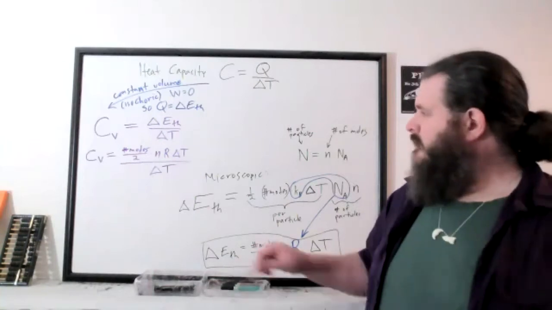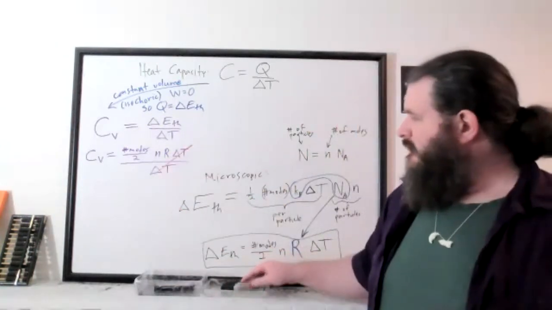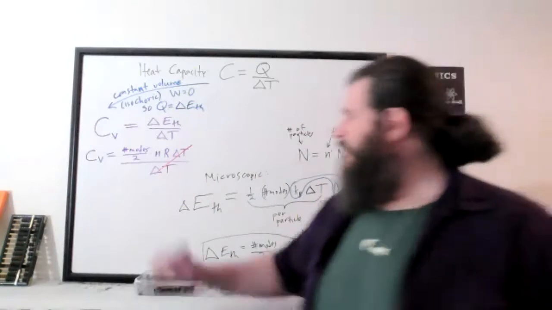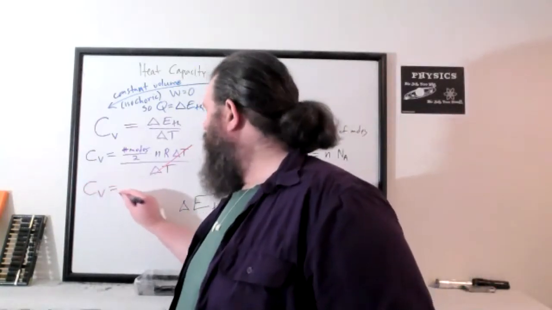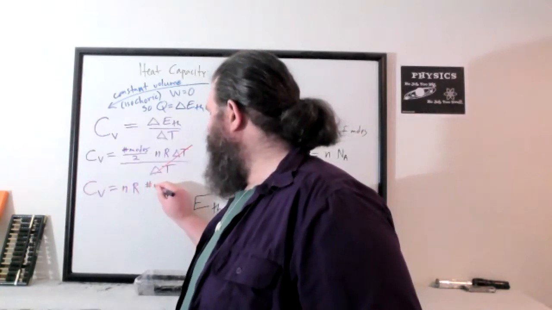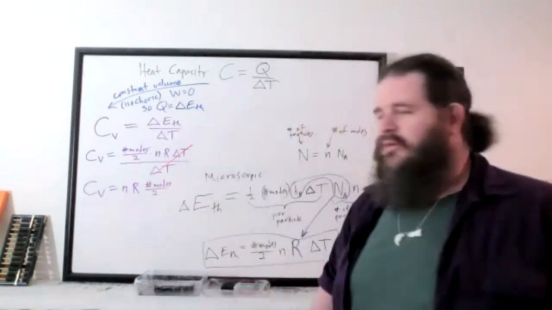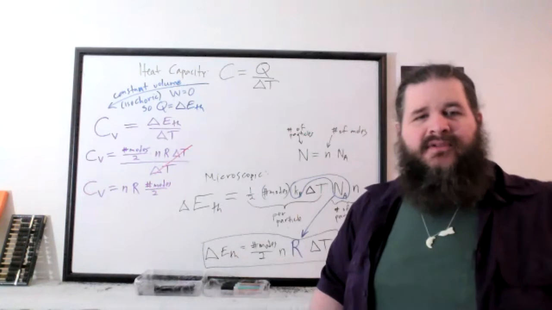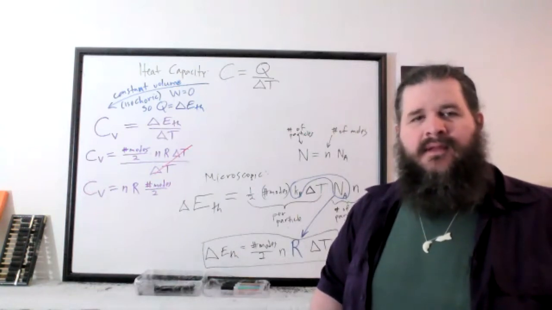Delta T will cancel. Yeah, the delta T's cancel out. And we're left with a nice neat formula for constant volume heat capacity. The heat capacity, if measured at constant volume, is just N times R times half the number of modes. So that tells you the heat capacity of any substance, any sample, as long as it's at constant volume.